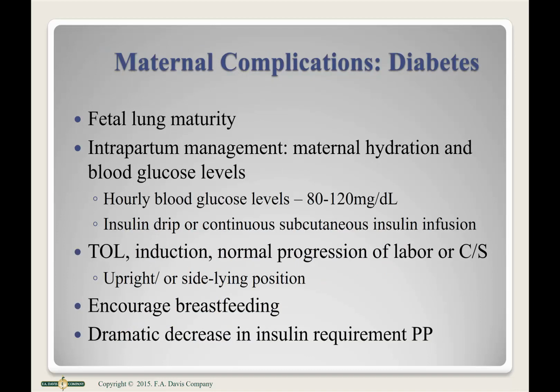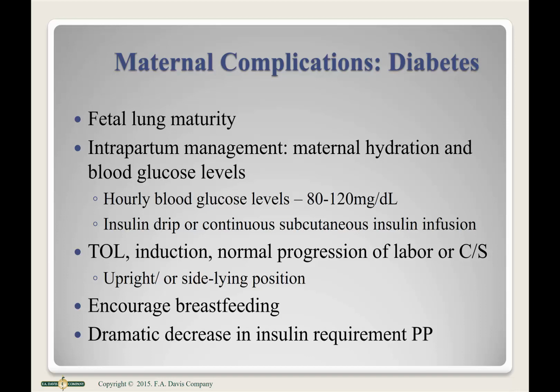Okay. Now, maternal diabetes is another complication that pregnant women can have, of course, whether it's overt diabetes or gestational diabetes. It does affect fetal lung maturity. Those high glucoses actually inhibit fetal lung maturity, so that's the problem for the baby.